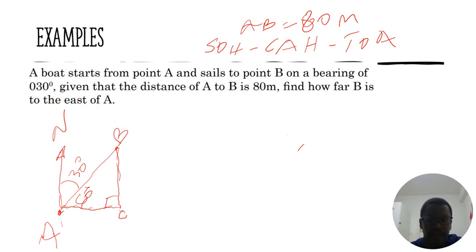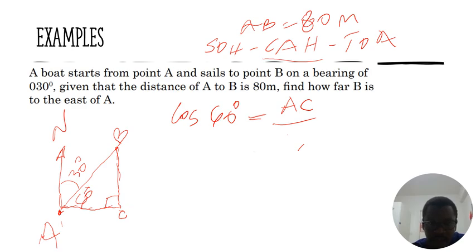So we are going to use CAH, adjacent and hypotenuse. Okay, so I'm going to use that. CAH is cosine, cos, in this case 60 degrees, should be equal to adjacent, which is AC, over hypotenuse, which is AB.